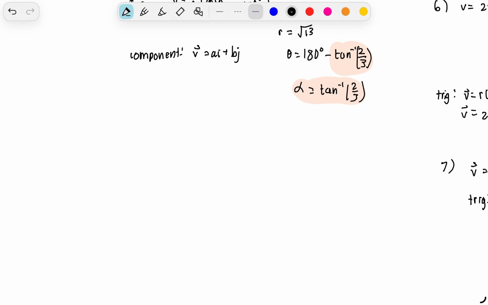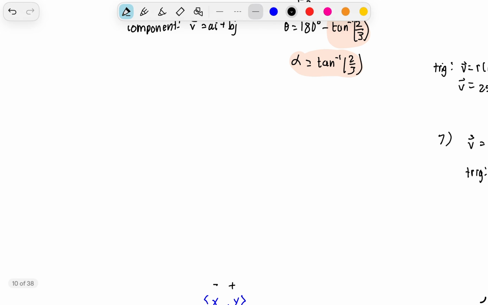Now we can write our reference angle triangle. Let's say that in a triangle, we have an opposite side that is going to be 2, and this is our angle, and our adjacent side would be 3, because tan is opposite over adjacent.